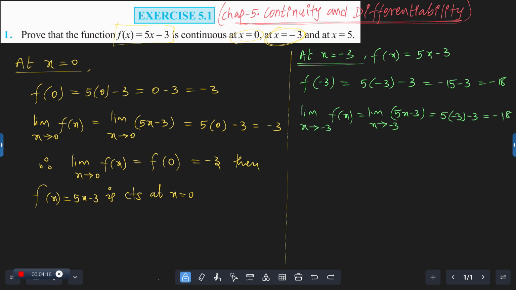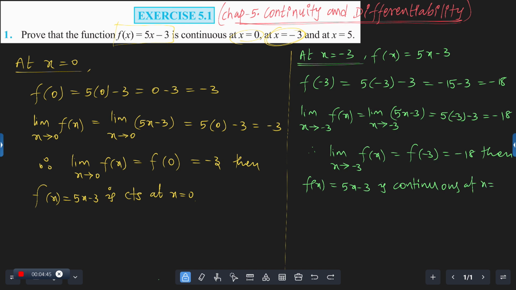Therefore the limit value as x tends to minus 3, f of x, and the function value f of minus 3, both are equal to minus 18, so f of x is continuous. Then f of x equal to 5x minus 3 is continuous at x is equal to minus 3.